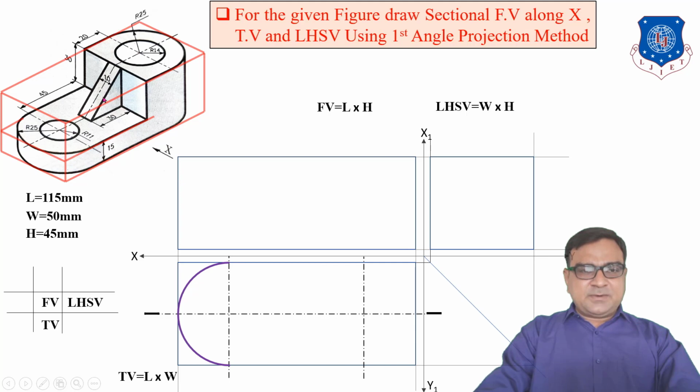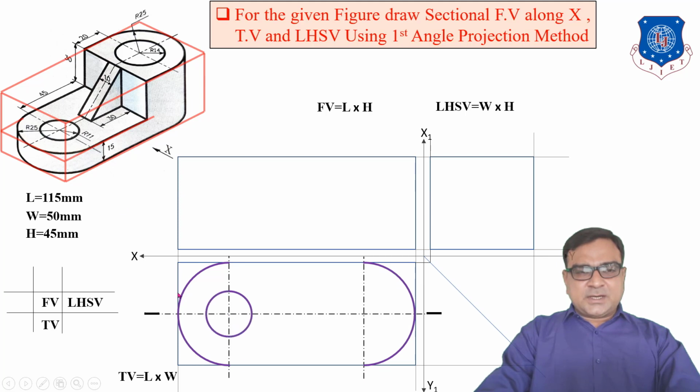Now these two centers are the centers of the circles. So the distance between the two circles is 45 plus 20, means 65 mm. So this is 25 mm, 65 and 25. Now take the center, 25 mm radius, and draw one semicircle. Similarly, from the other center, 25 mm radius, draw another semicircle.